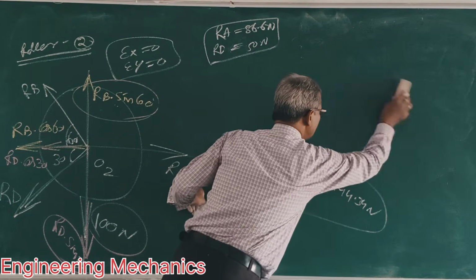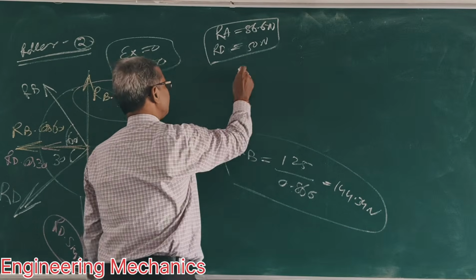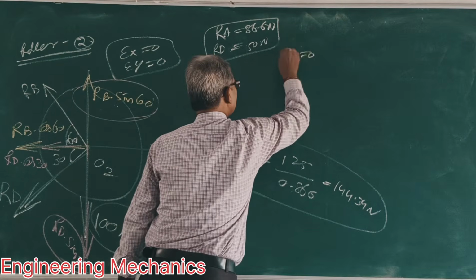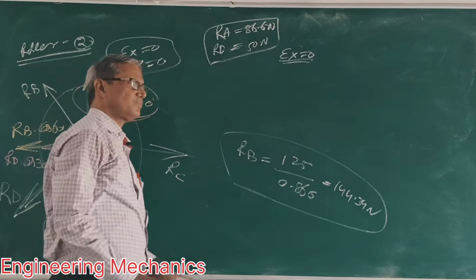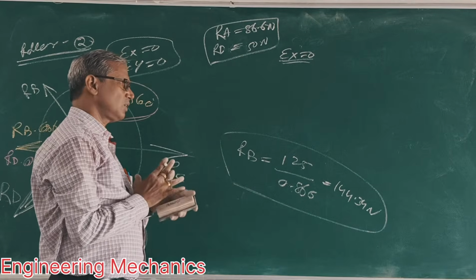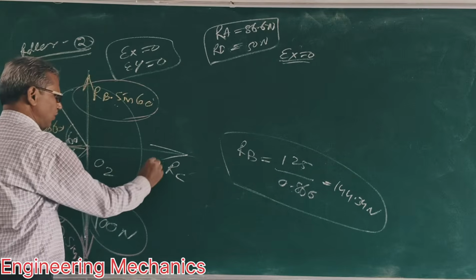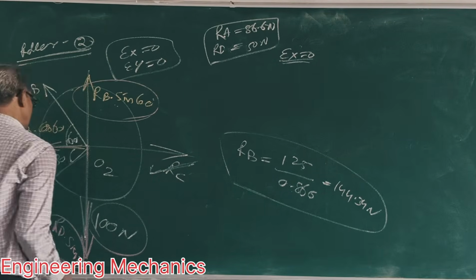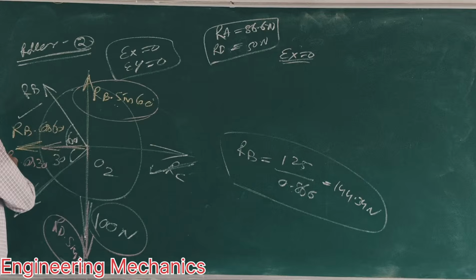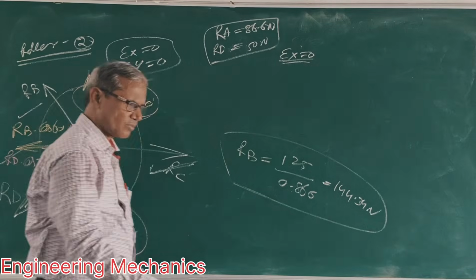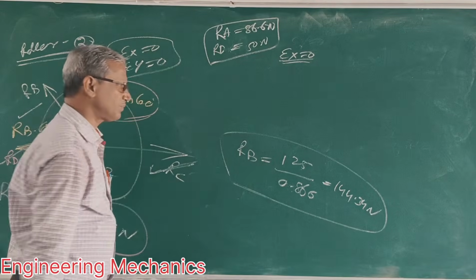Now sigma x is 0. In x, RC is the unknown force. RB is a known force, RD is a known force. So what is RC equal to?